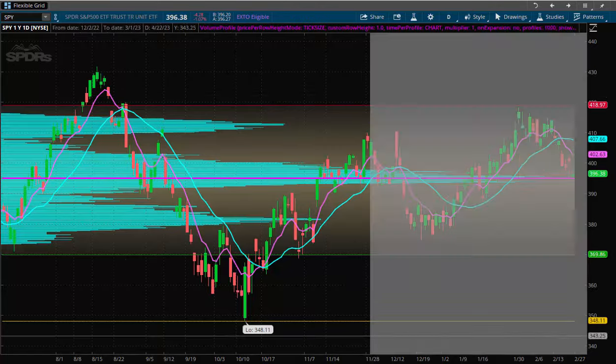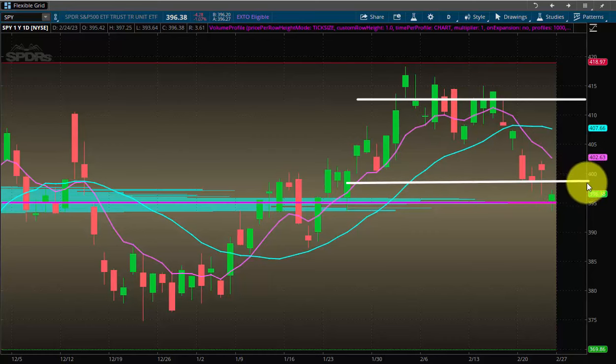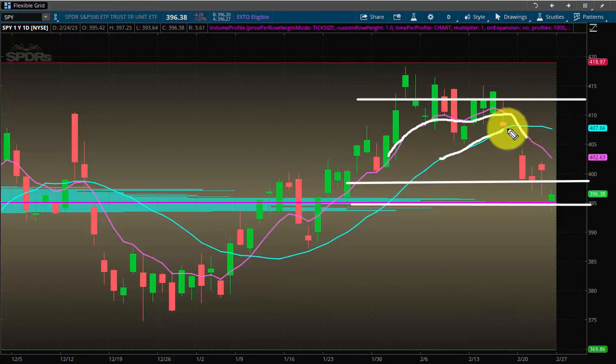Now, here's the example. You can see it based off the recent action. We had an air pocket here on the daily from this area here, 412, down to 400 and then 396, right? This is where we had the bulk of the support. So as soon as the 8 crossed below the 20, that's this pink line right here, crossing below the 20, as soon as that crossed, we have higher risk, right?